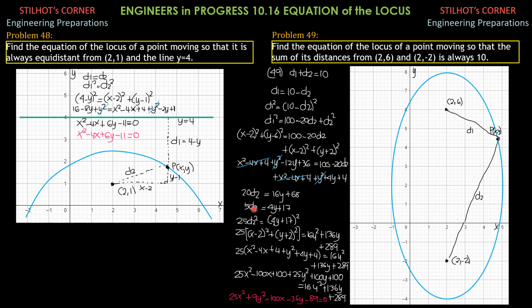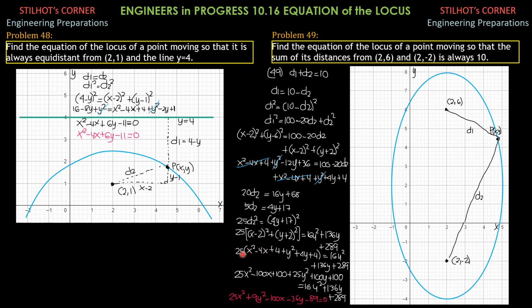Then we square both sides. So 5d sub 2 squared is 25d sub 2 squared equals the quantity 4y plus 17 squared. So 25d sub 2 squared is the quantity x minus 2 squared plus y minus negative 2, so y plus 2 quantity squared, equals 16y squared, twice the product, 136y, square of 17, 289.